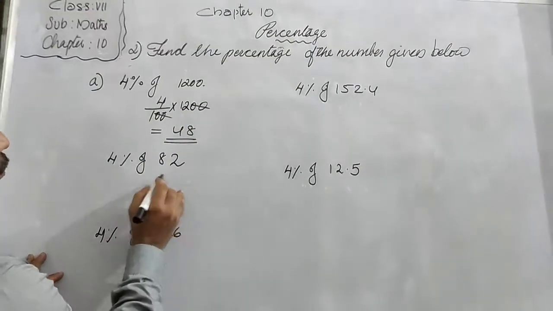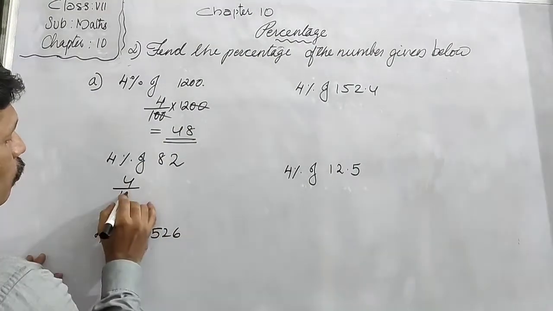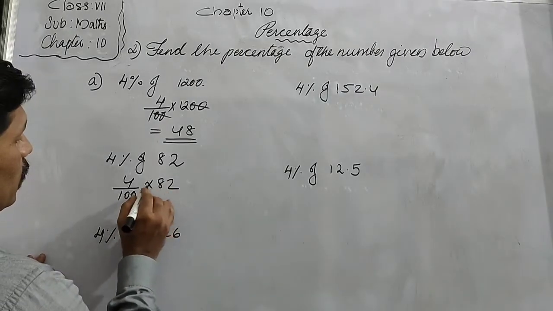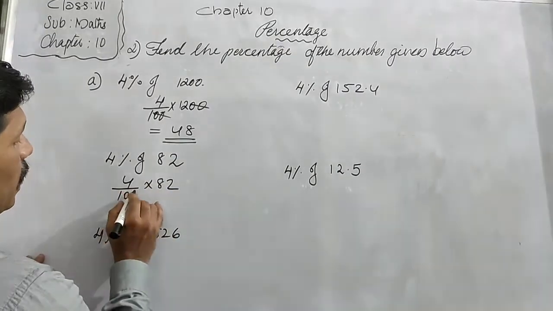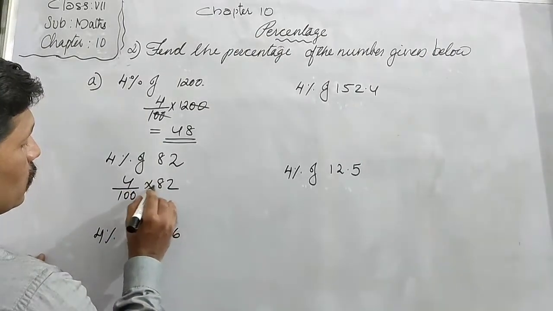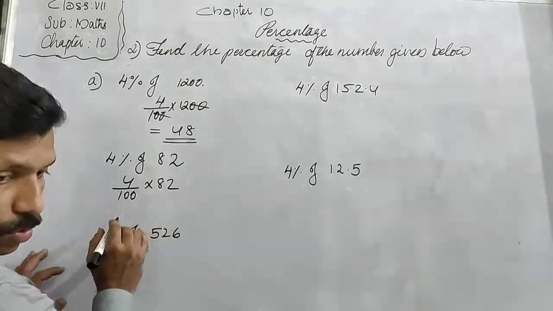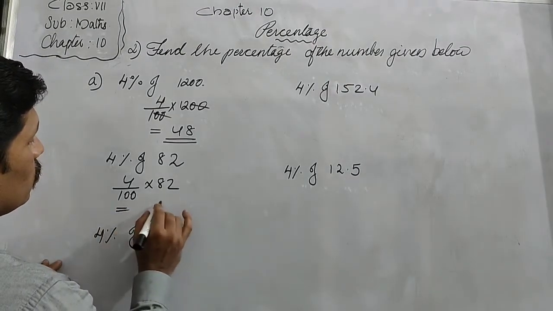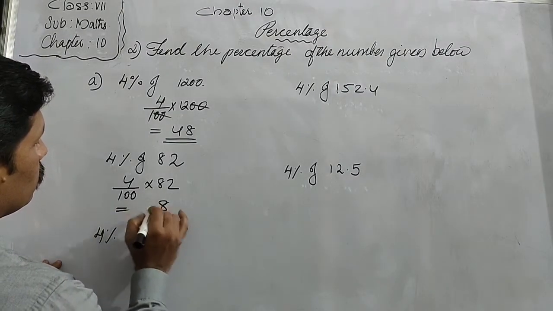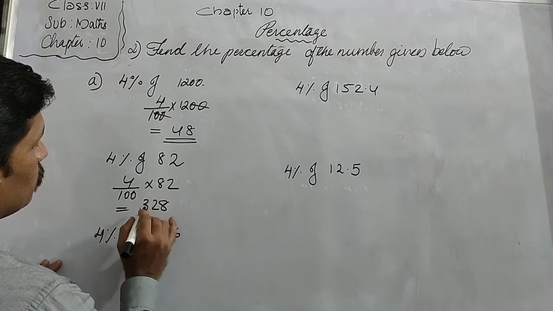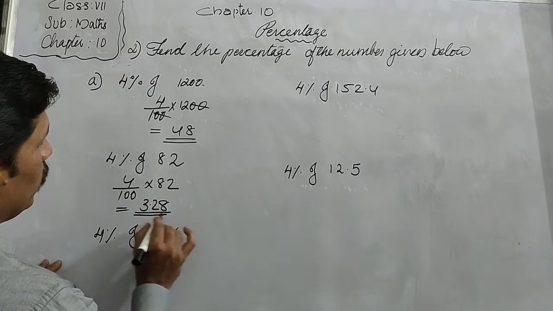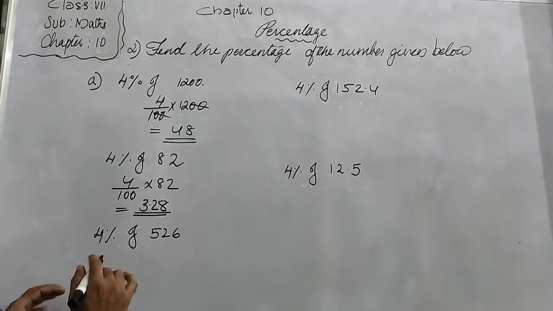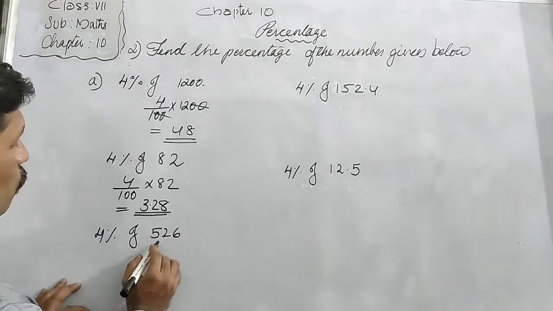Next, 4% of 82, that also we can write 4 upon 100 into 82. Here when we divide by 100, you know that the point will be shifted. So the answer is 3.28, which is the 4% of 82. Next, here you can see 4% of 526.